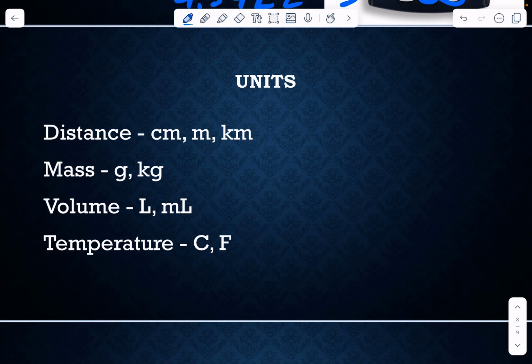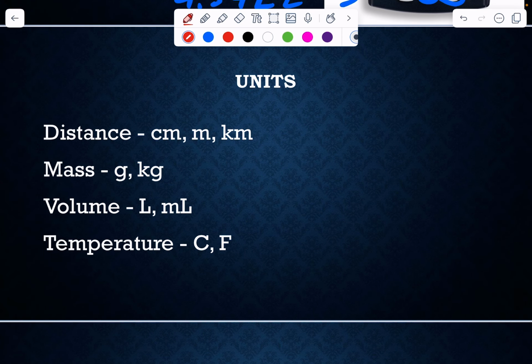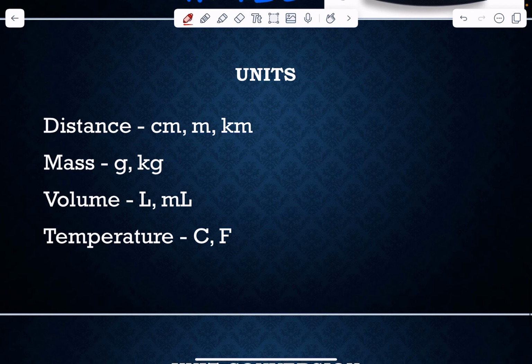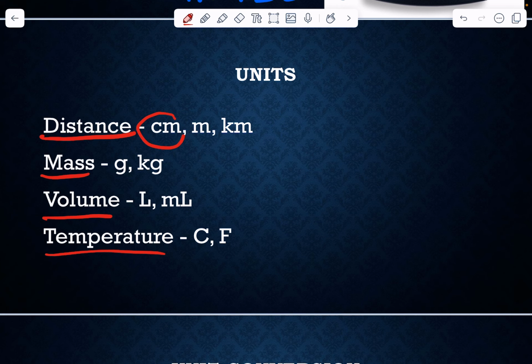Okay, another thing we want to cover today is our units. Units are a form of measurement, or rather, it's just a unit of measurement. So we have different types of measurements like distance, mass, volume, temperature. In our class, those units to measure it are going to be, for distance, centimeters, meters, kilometers.